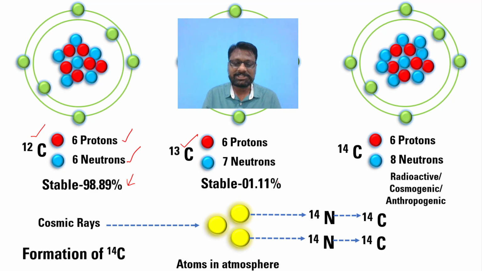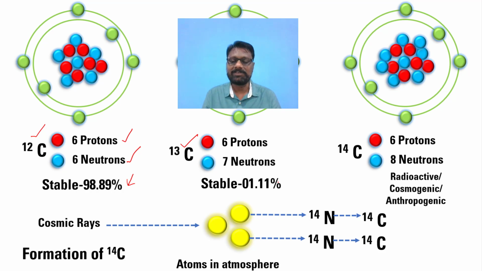This is a reaction which I have shown here, how the cosmic ray reaction converts N14 to C14. When the nitrogen atoms absorb the cosmic rays, they lose neutrons, and due to that, it converts into C14. Vice versa, when the C14 molecule liberates a beta particle, it eventually gets converted back to N14.